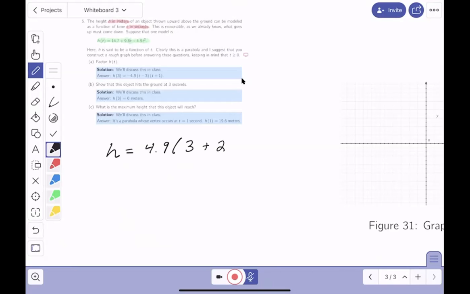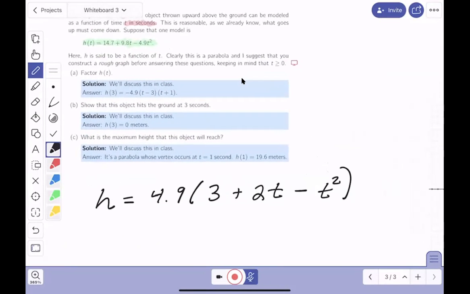Plus 2t minus t squared. All right, let me repeat this. 4.9 times 3 is 14.7. That's 12 and 2.7, 14.7. 2 times 4.9 is 9.8. I think it's working out beautifully. Whoever wrote the problem really was kind to me. 4.9 times minus t squared is minus 4.9 t squared. Let's keep going. Maybe it's even nicer.